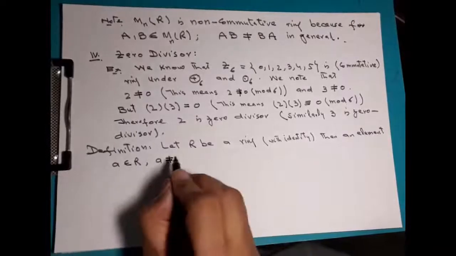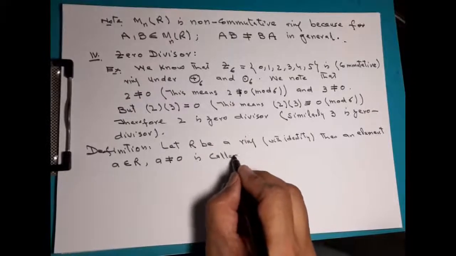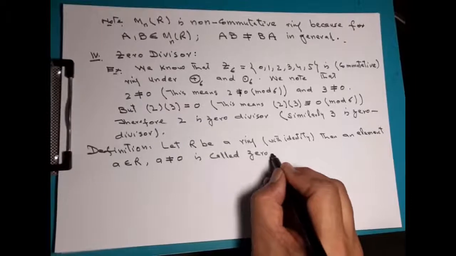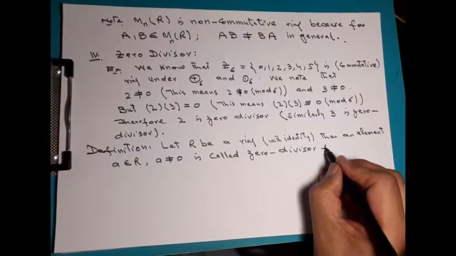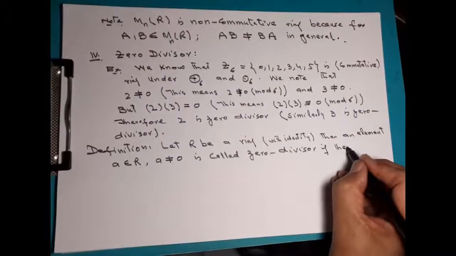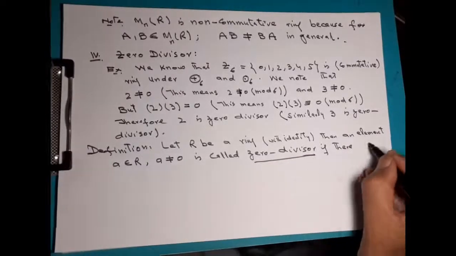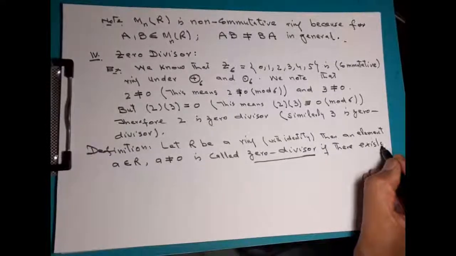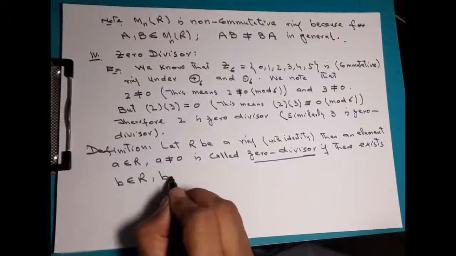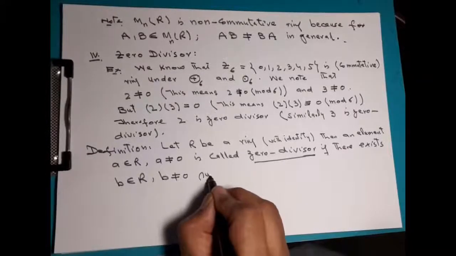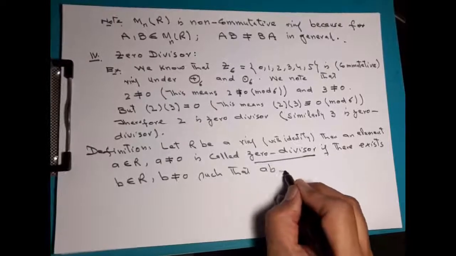Then an element A belonging to R, A not equal to 0, is called a zero divisor if there exists an element B belonging to R, which is again not equal to 0, such that if we multiply A with B, the result is equal to 0.